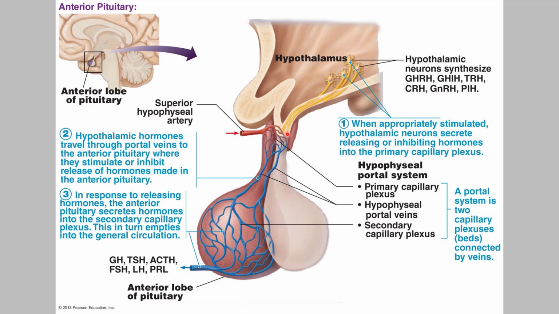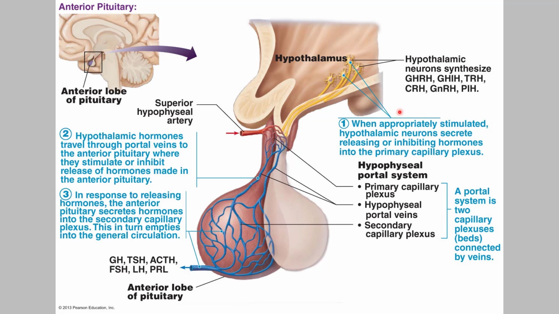So just like the hypothalamus did initially with the pituitary gland, we're going to have some neurons that send action potentials resulting in the release of hormones, but those hormones are released here at the infundibulum, and they get into this capillary bed, which then carries those tropic hormones through a vein called a portal vein and to another capillary bed at the anterior pituitary.